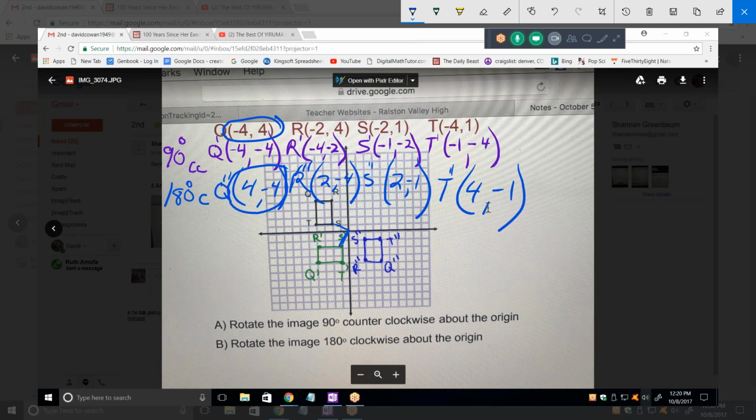If you're doing a 180 degree rotation, then that's a straight line. If you were doing a 270 degree counterclockwise rotation, you would end up here somewhere. With me? All right, that's these rotations in a nutshell. Let's move on.